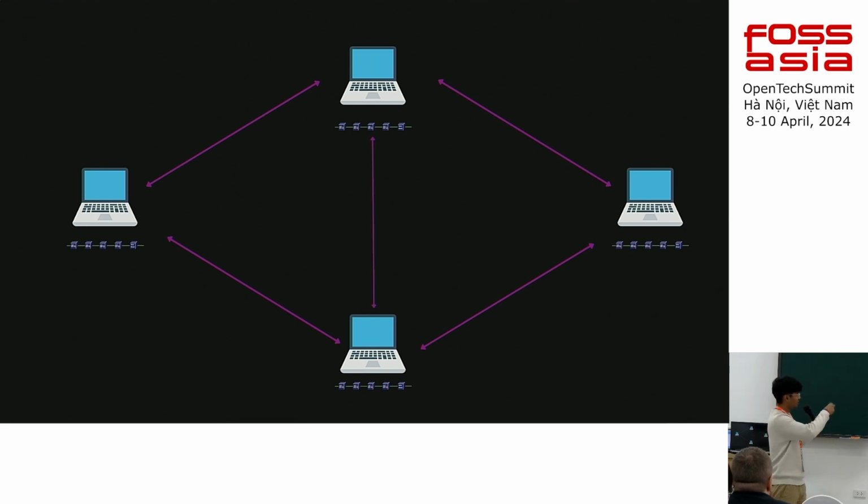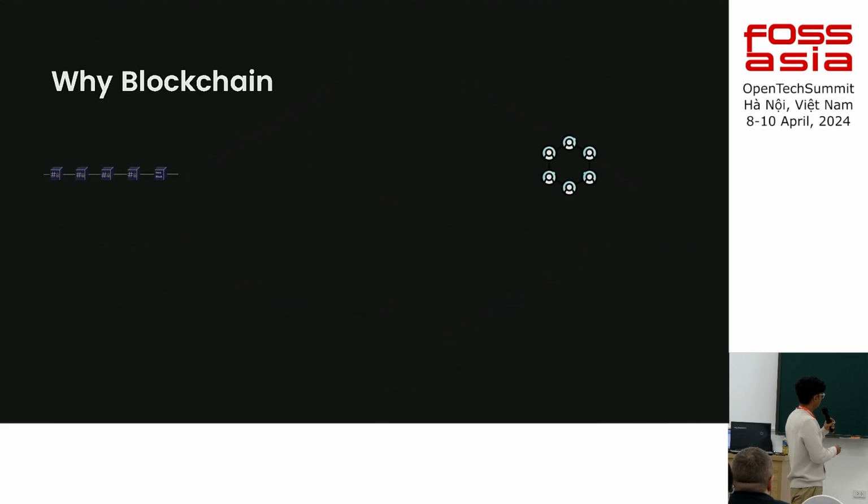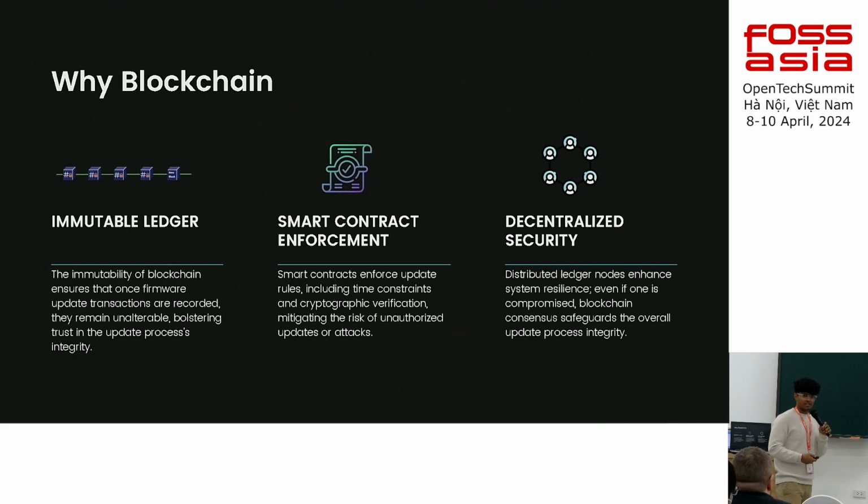So you have to hack the whole chain in order to change the update. This is very hard, and that's why you can replace your centralized server with a whole network of nodes.